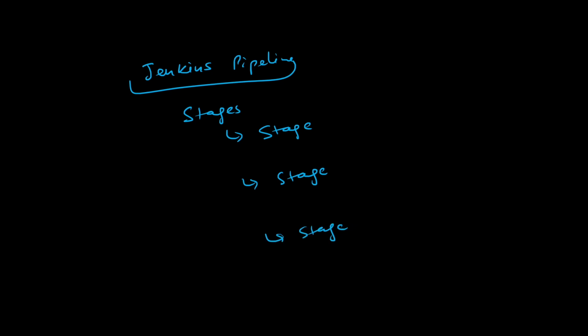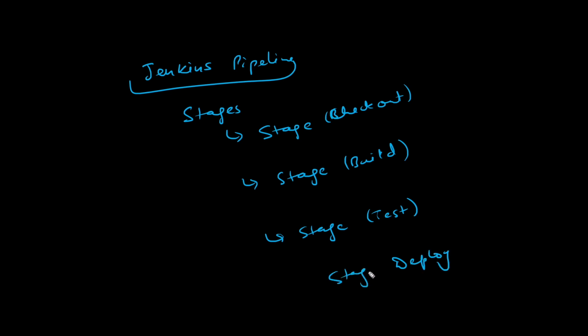So let's say, for example, this is my checkout stage from Git. I have a build stage. Probably I have a test stage, right? And then I have probably a deploy stage. So these are the individual stages that you can have. Each and every stage has some steps, like individual steps. For example, to do a checkout, you're running some git command, right?